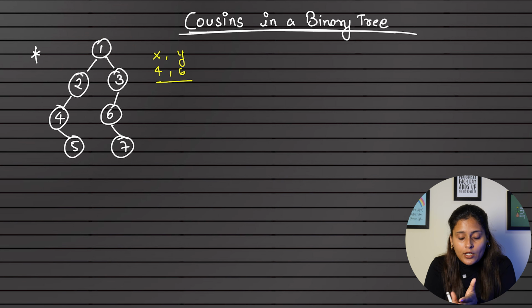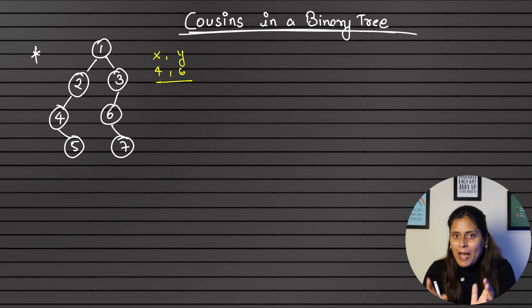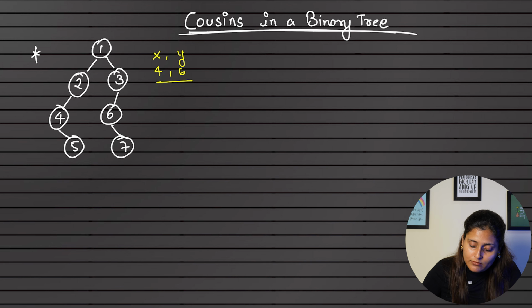So what we thought is, if the root exists, check its value with x and y. If it matches, then what do we need to update? Suppose we have the levels and parents. What are we supposed to return?